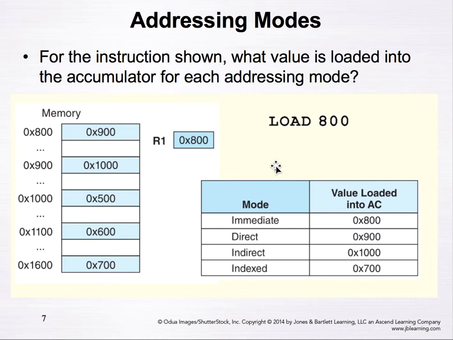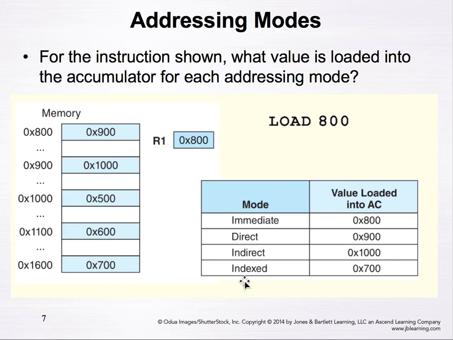So the effective address will be the value in the instruction added with the content of the register. So 800 plus 800, we have 1600. That's the effective address. So we look at the memory, that's the effective address right here, 1600, and the value at this address will be loaded into the AC. So that's going to be 700 in the index addressing mode.